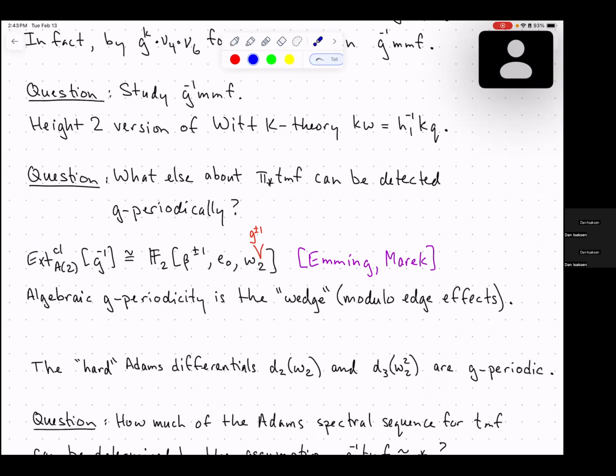Is that right? It's reasonable, sure. EO2 is K2-local TMF. So maybe that's not really what I want. Let me retract every single sentence that I spoke today about EO2. Those were really good sentences.